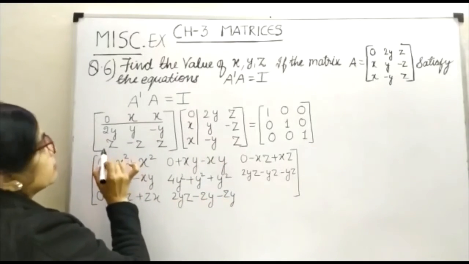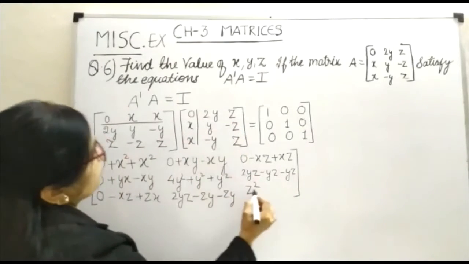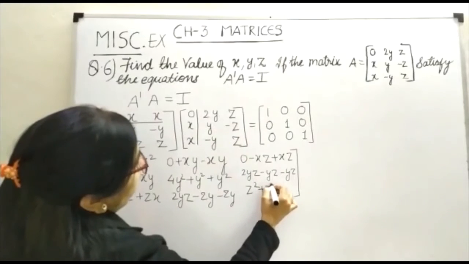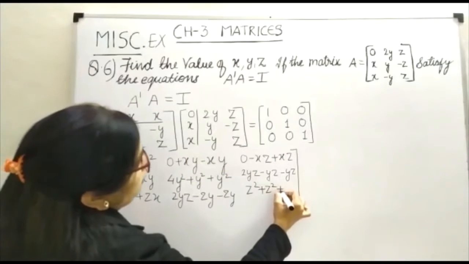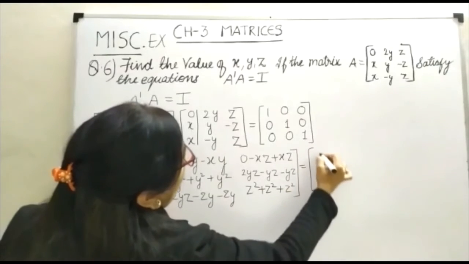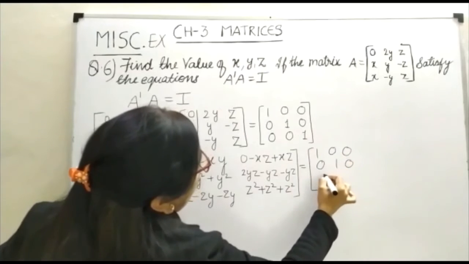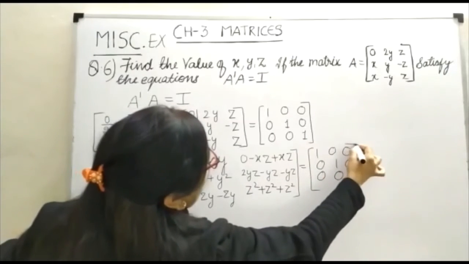Then z into z, that is z square plus z square and again plus z square, and this is equal to 1, 0, 0, 0, 1, 0 and 0, 0, 1.